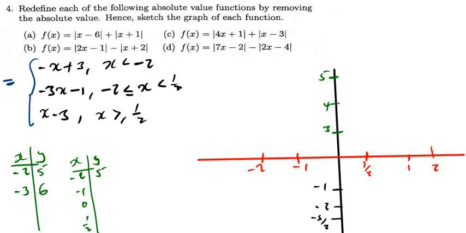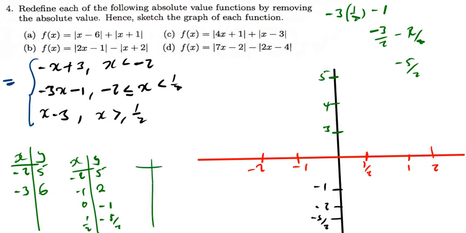If I put negative 1, it is 3, and 3 minus 1 is 2. If I put 0, it's going to give me negative 1. If I put half, we have negative 3 times half, then minus 1, which is negative 3 over 2 minus 1. The 1 is the same as 2 over 2, so it's going to be negative 5 over 2.